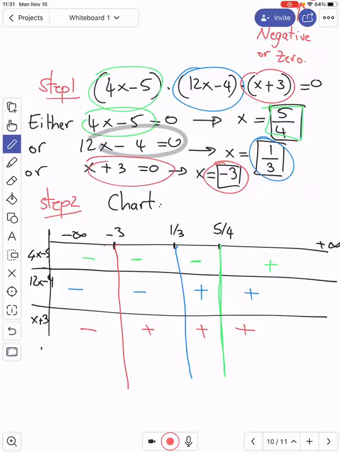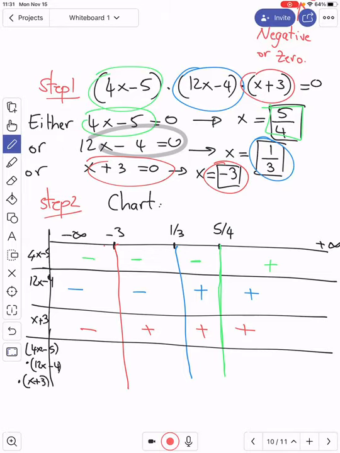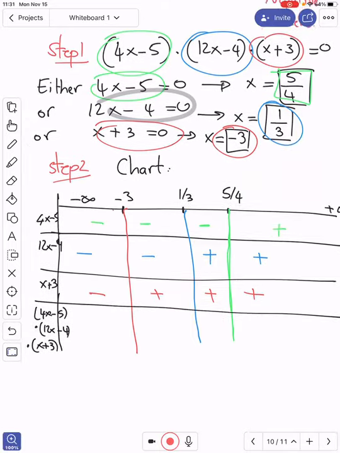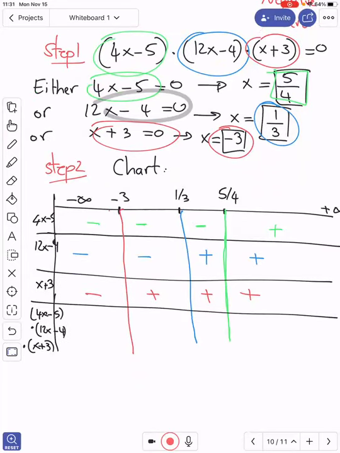Now I'm going to multiply the whole thing because that's what I'm interested in. So it's 4x minus 5 times 12x minus 4 times x plus 3. I'm just going to multiply the signs. I don't have to compute any number.